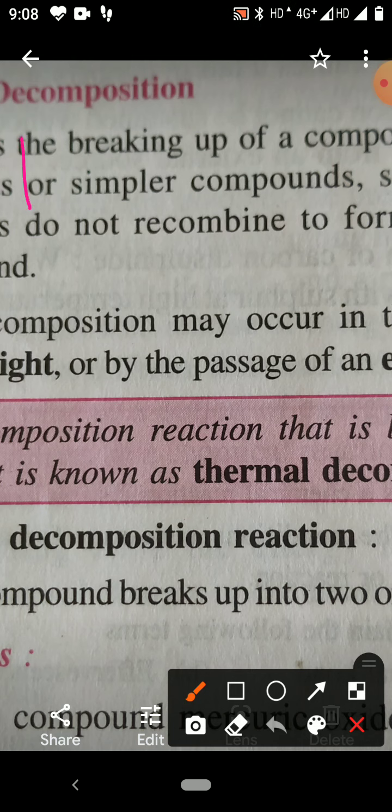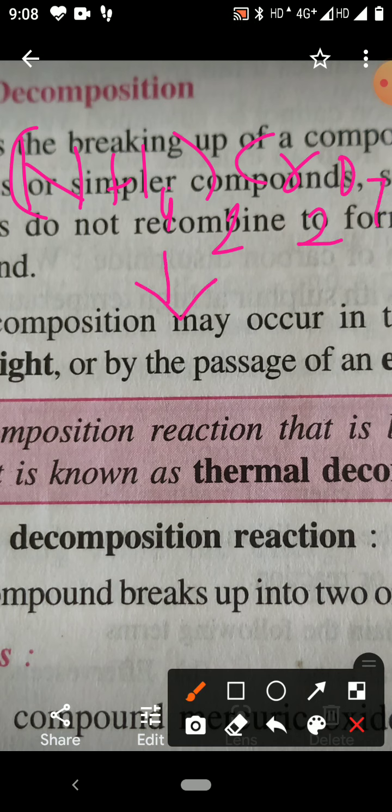Ammonium dichromate is (NH4)2Cr2O7. On heating, ammonium dichromate breaks into chromium oxide, Cr2O3, water and nitrogen.